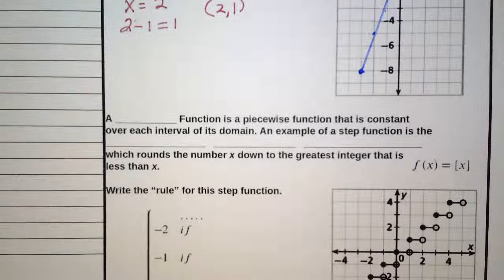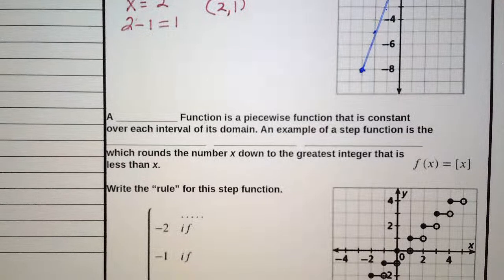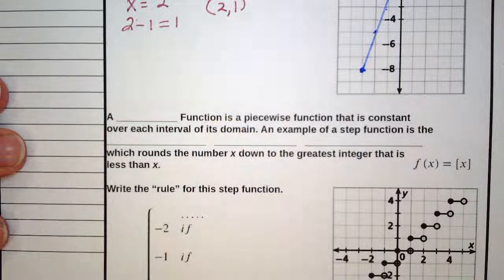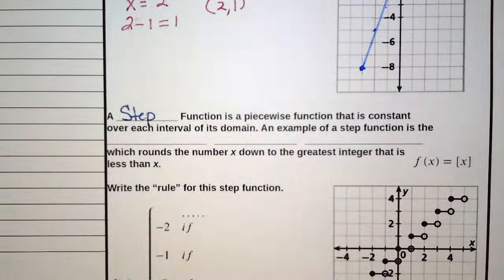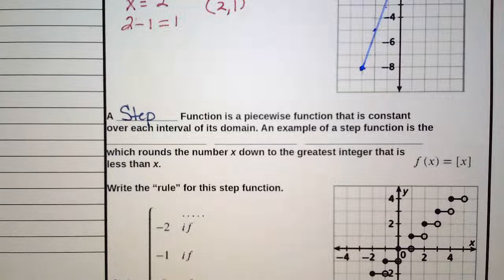There's a special kind of piecewise function that is constant over each interval of the domain. Okay, this is what we call a step function. An example of the step function is, okay, what do you think goes in there?